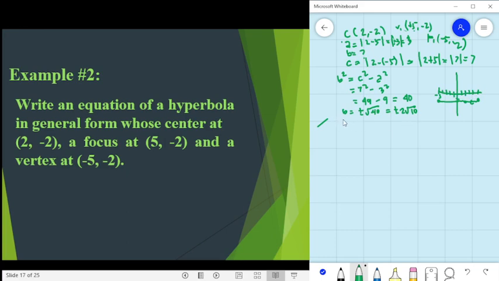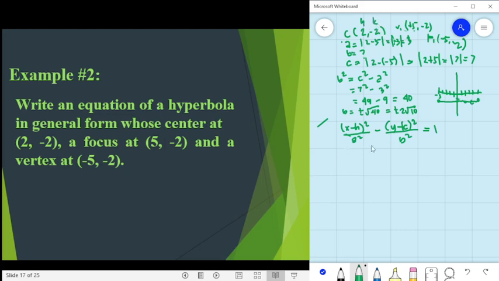So, therefore, the equation we will follow is quantity x minus h squared over a squared minus quantity y minus k squared over b squared is equal to 1. Since our center is 2, -2, this will be our h and this will be our k.